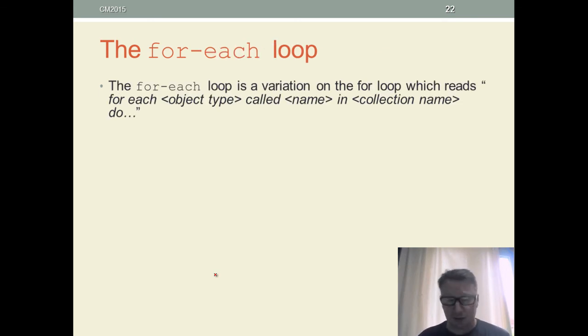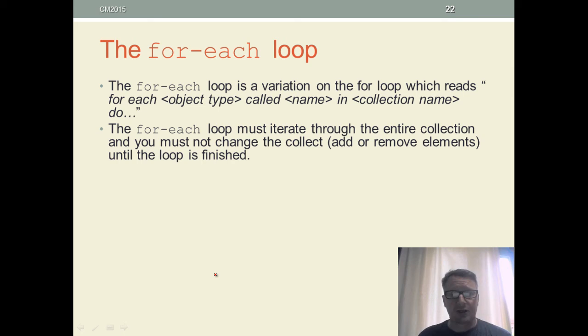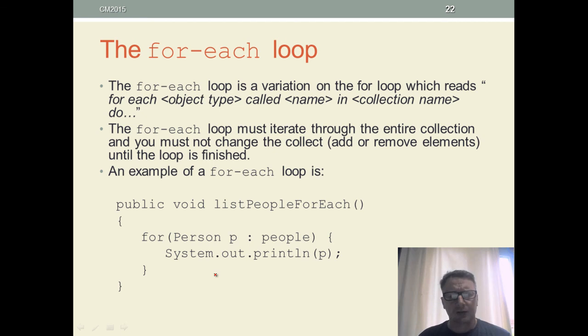There's a modified version of a for loop called a for each. The for each loop must loop through the entire collection, so you can't stop until you've gone through the whole thing. It's a little bit simpler than using a for loop, but it has that caveat that you have to go through everything.